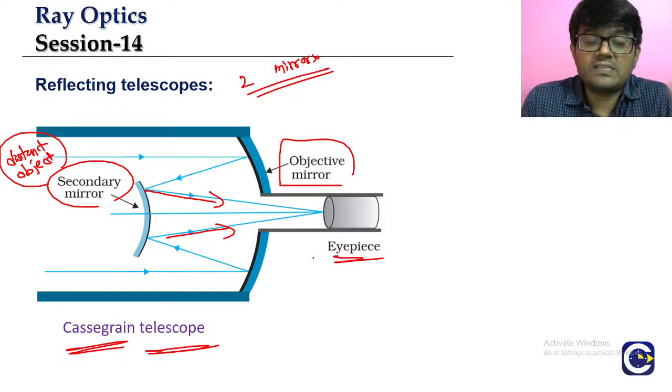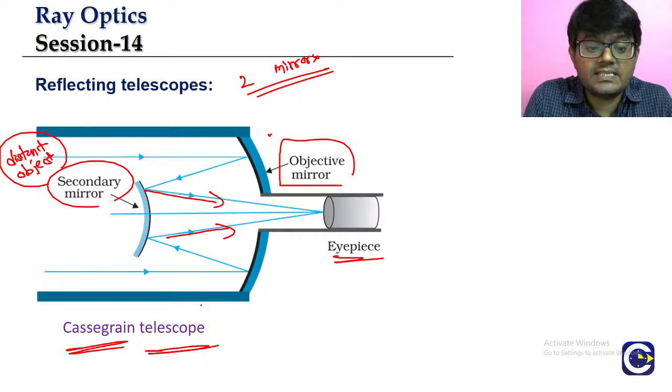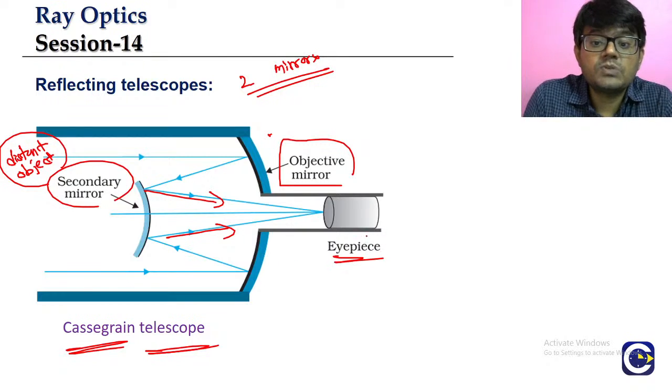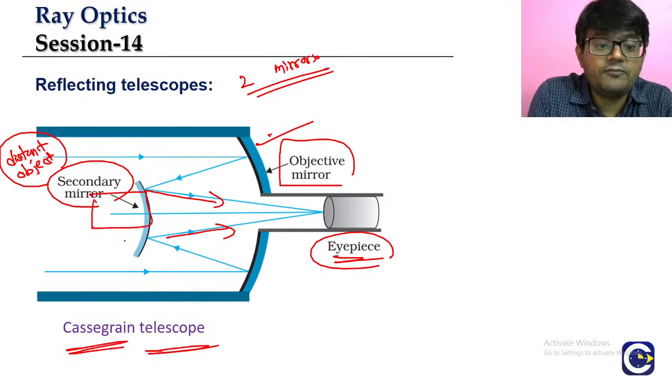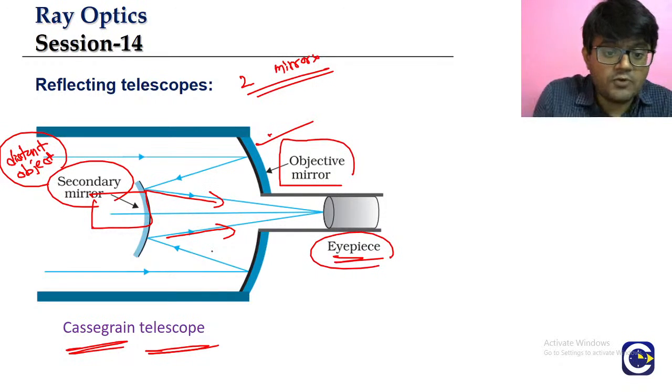Sometimes we can even have reflecting telescopes with just one mirror and eyepiece, but the Cassegrain telescope gives some flexibility in terms of where the eyepiece can be kept. Otherwise, if you have just one mirror and one eyepiece, we should keep the eyepiece at the focal point, because the parallel rays will be focusing on the focal point of the mirror.